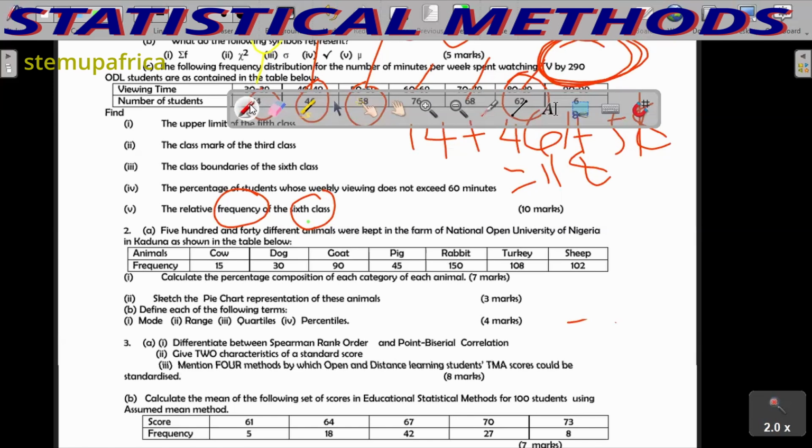And the total is 540, as we just saw. So the percentage of cow will be the number of cow over the total times 100 over 1. So that's how you get your percentage.